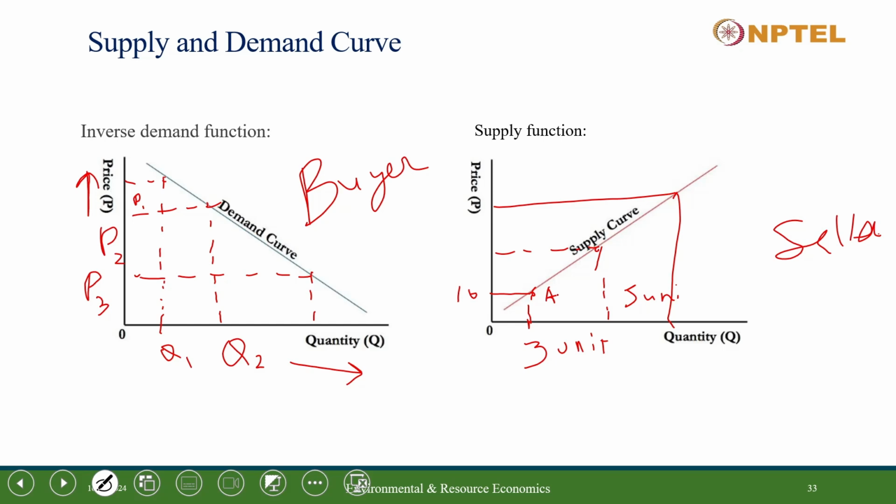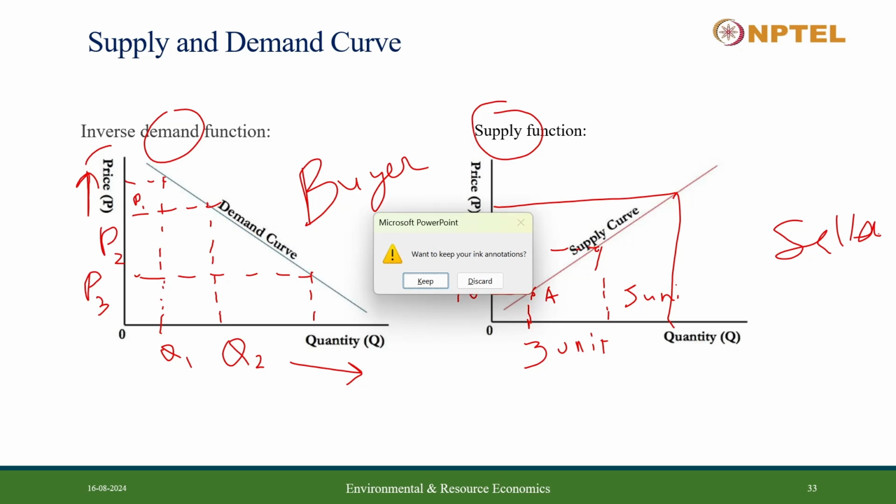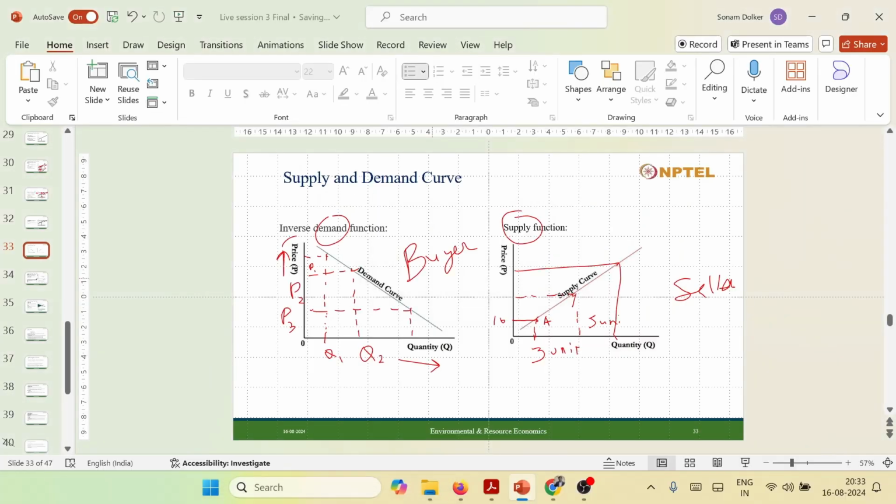So the supply function gives us the willingness to sell at a certain point, and the demand function gives us the willingness to pay. For the first unit of a quantity, you are willing to pay a higher amount. However, with an increase in the quantity, you are willing to pay a lesser amount. Therefore, you get these two curves. Am I clear?